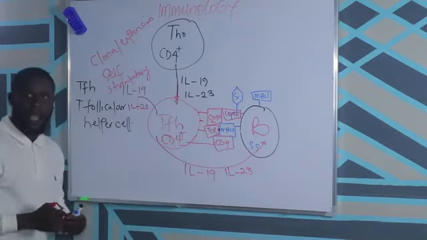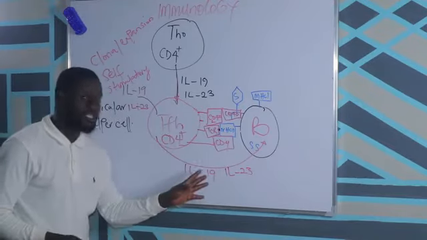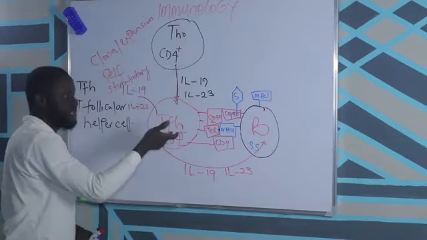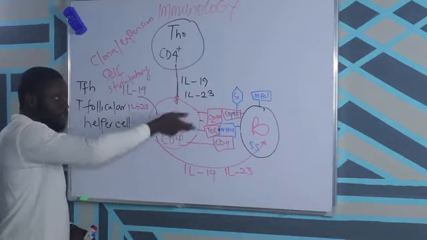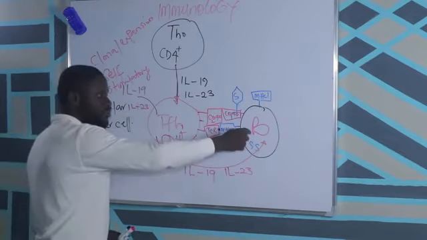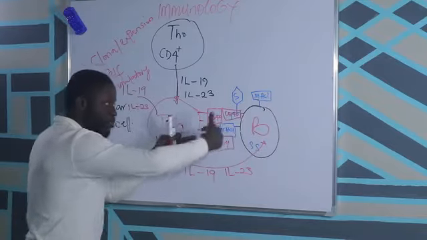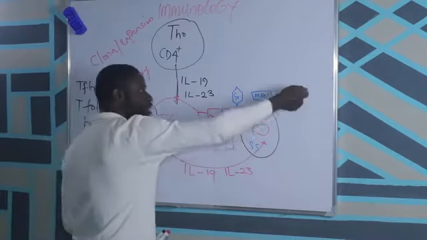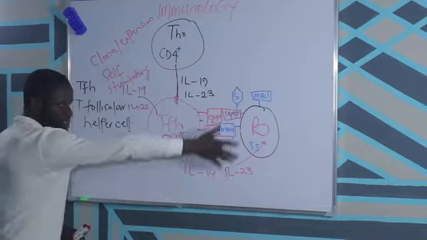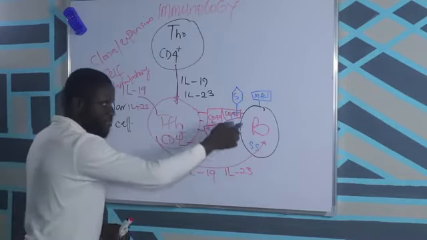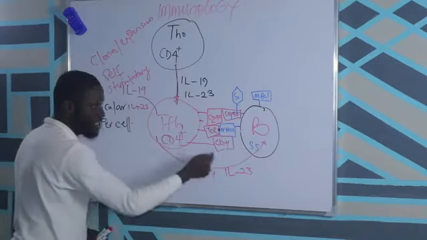IL-23. IL-19 and IL-23. So let's take a little recap. The TH0 helper cell needs a T follicular helper cell to be activated so that it can bind to the B cell, which has already been activated by the viral peptide, so that there's a bond that allows the B cell to become a memory cell. So this is it. The T cell receptor binds to the MHC2 on the B cell, mediated by the CD4.